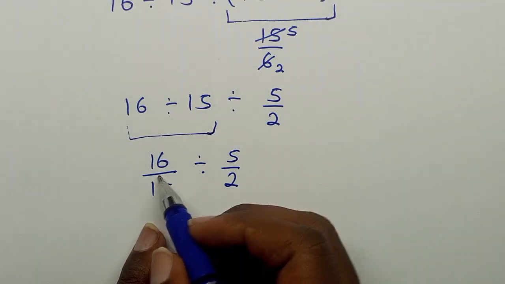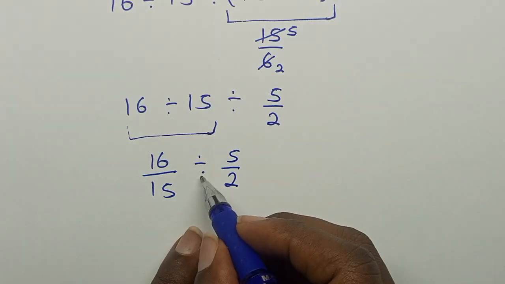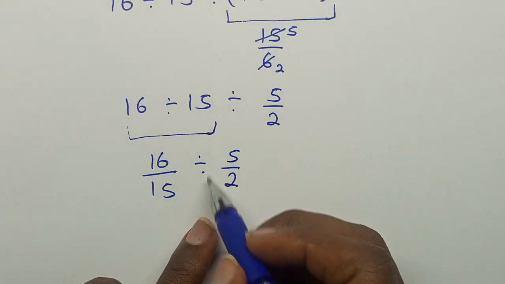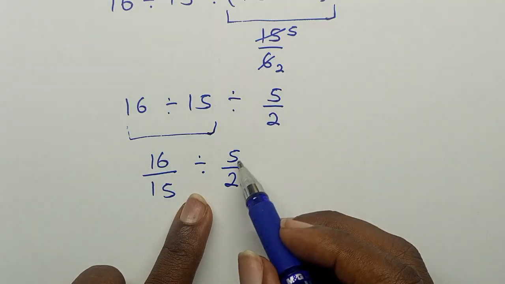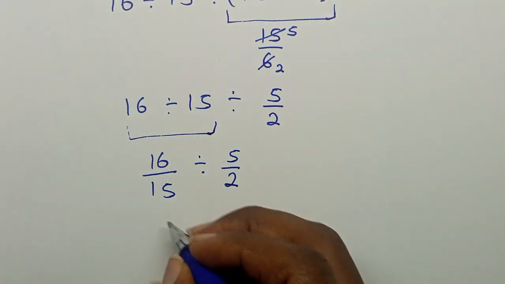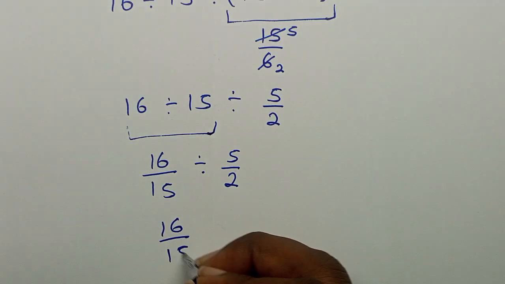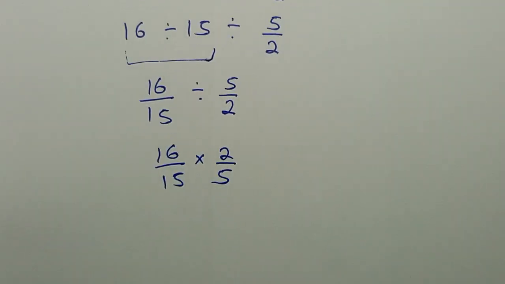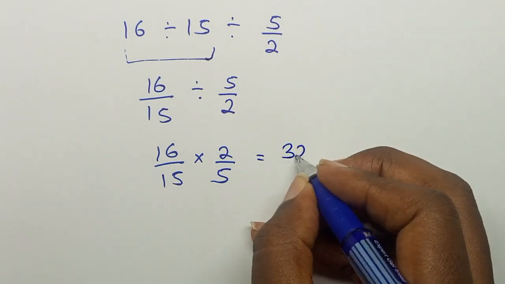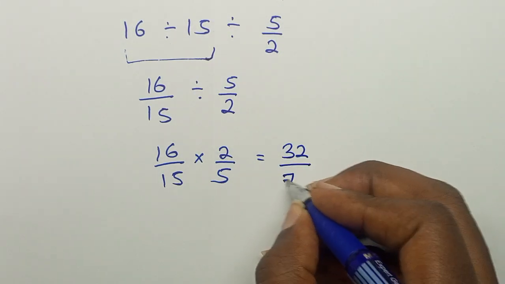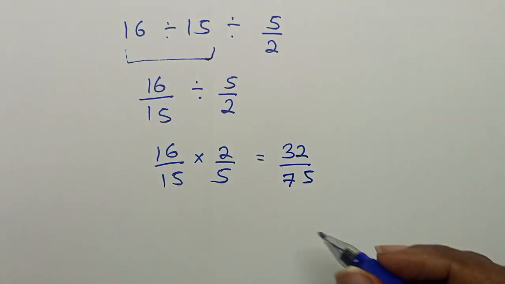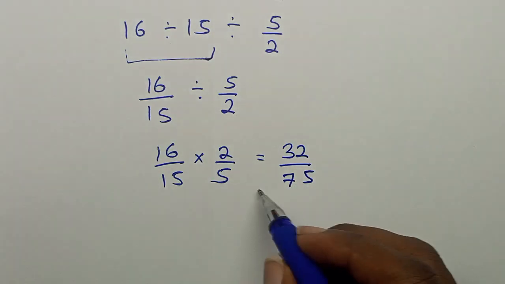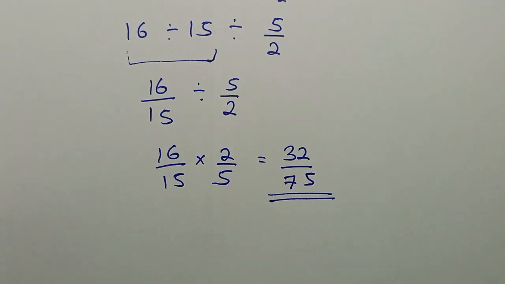Now this can be changed to multiplication, and then we multiply by the reciprocal. So we shall have 16 over 15 times 2 over 5, which is 32 over 75. So this is our answer.